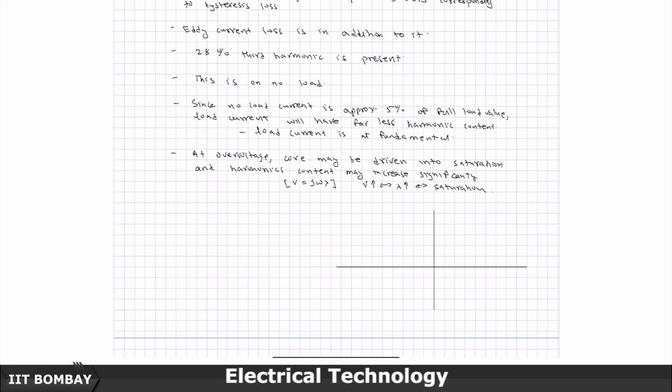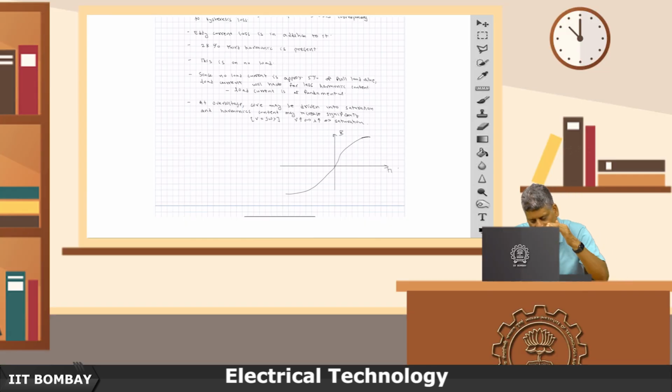So, if I first draw a curve like this, this is a BH curve without considering hysteresis. It is only iron being a nonlinear element and it tends to saturate, the B tends to saturate towards B max. Earlier I had said that there is a knee point associated with it.